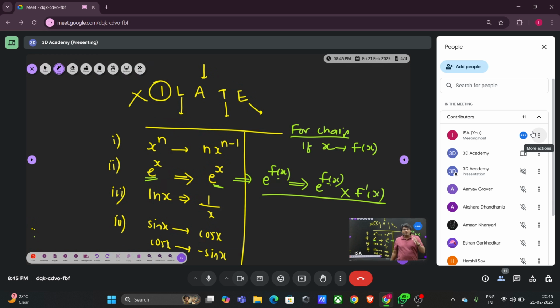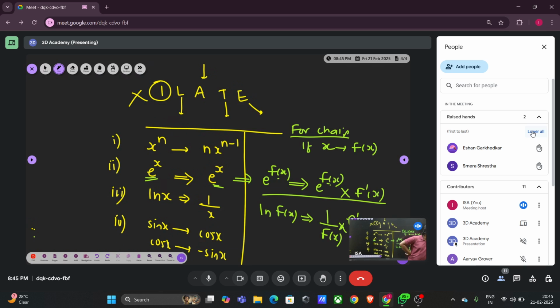This is the chain rule for exponential function. Same to same goes with the log function as well. If they give you ln f of x, the differentiation of this will be 1 upon f of x into f dash of x. That's why I took one entire class on chain rule. Wherever x is getting replaced, you will multiply the differentiation of that replacement with the first differentiation. How many of you are understanding it? Please raise your hands, guys. Those who are getting it. When we solve these types of questions, you will understand.